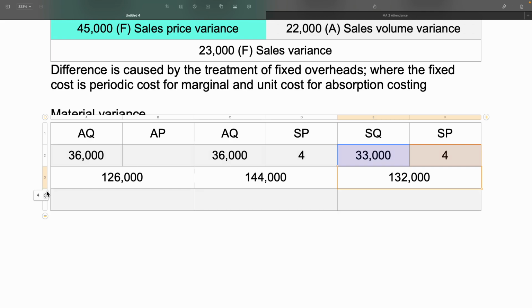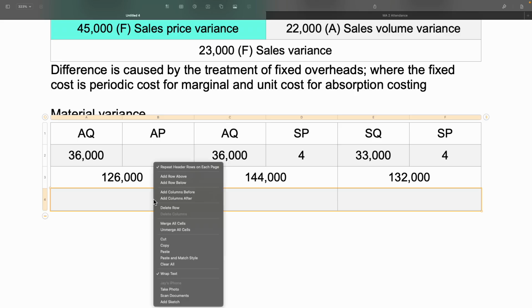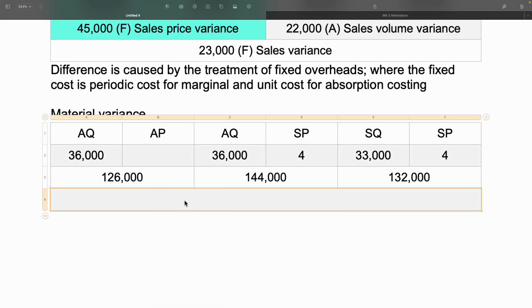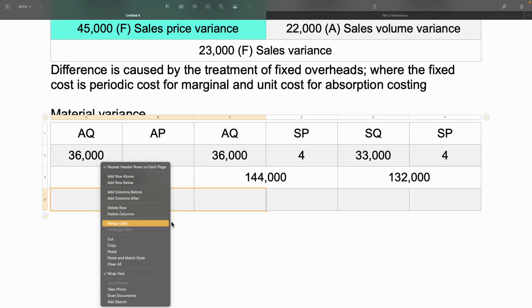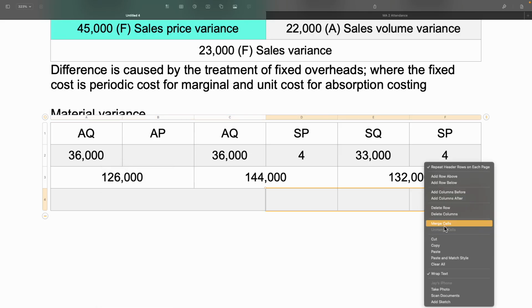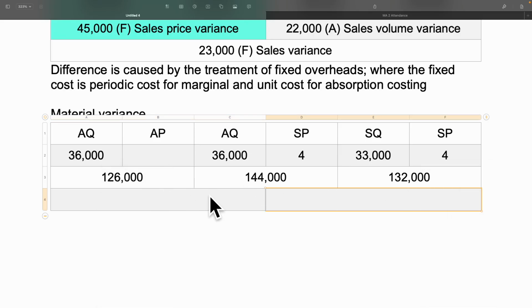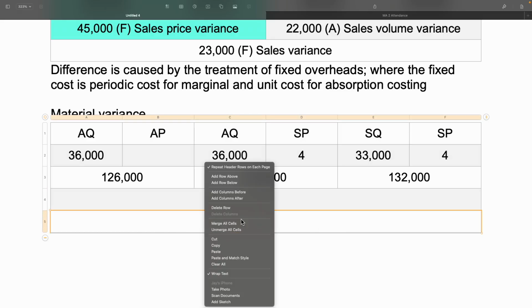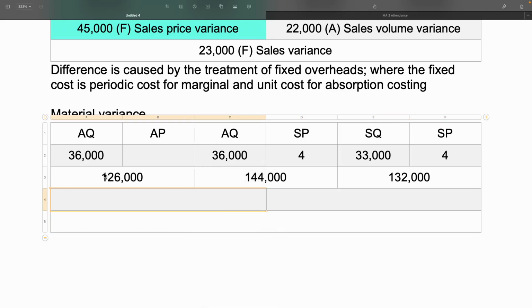Now I'm just going to add this up. See them crossing in the middle a bit. So 126,000 actually spent.